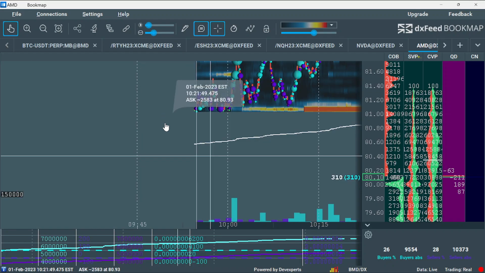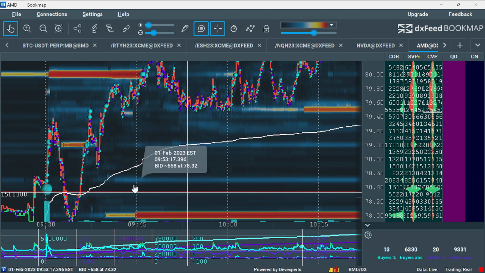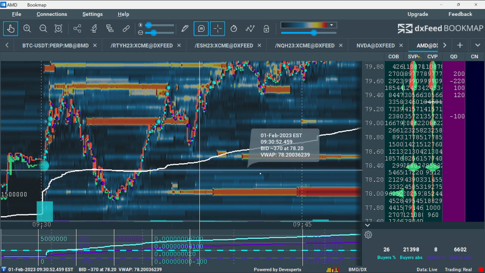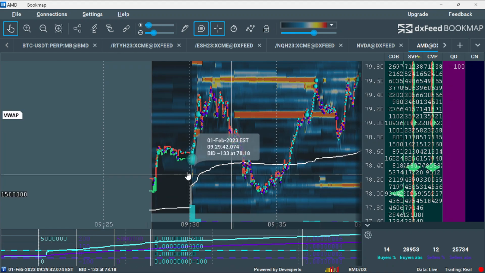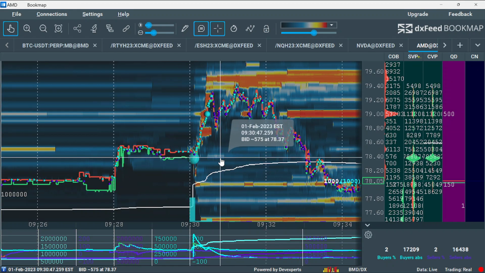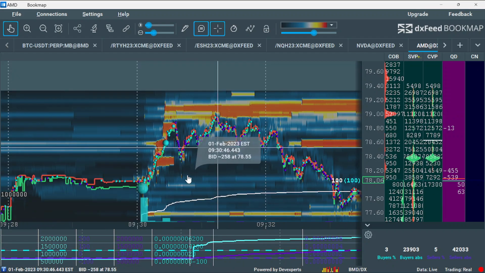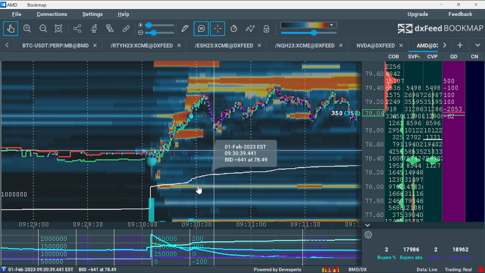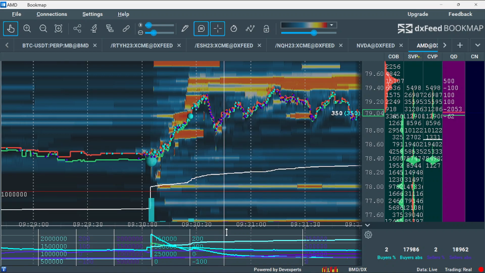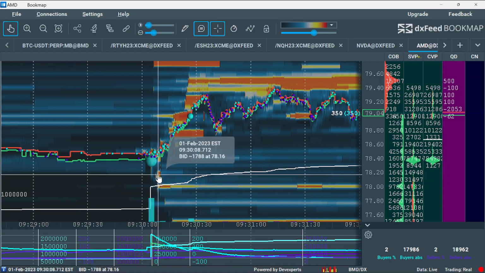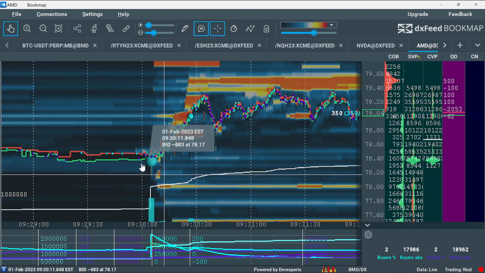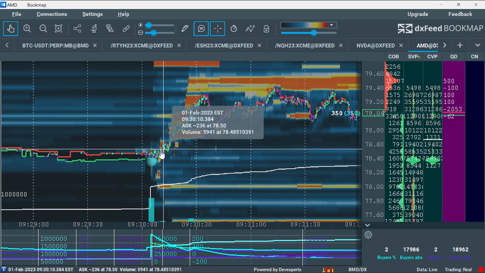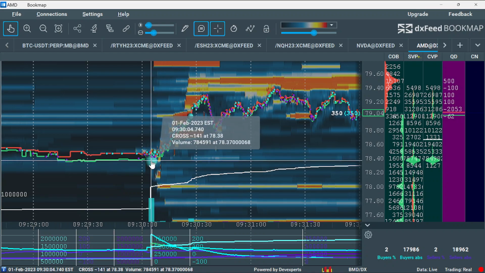Let me try and go back to what I was looking at. Right, so I went long around here when we broke above. What level was that?